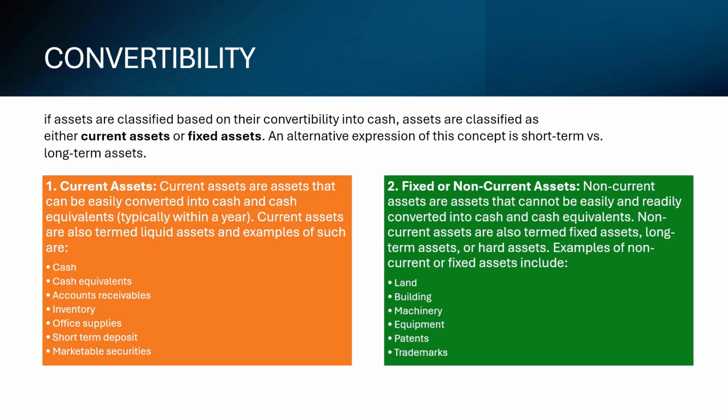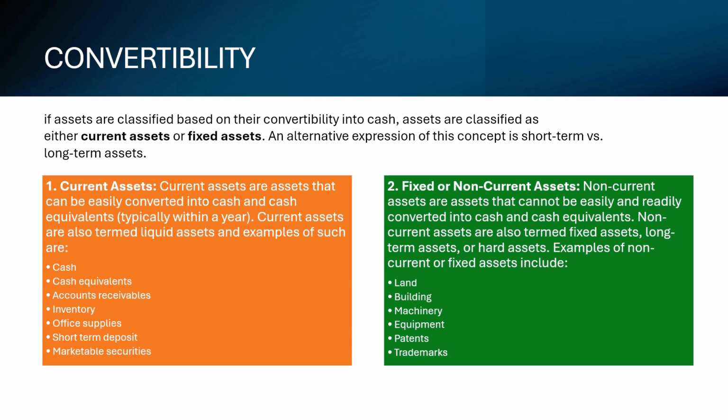Current assets are also termed liquid assets, examples including cash, cash equivalents, accounts receivable, inventory, office supplies, short-term deposits, and marketable securities. On the other hand, fixed or non-current assets are assets that cannot be easily and readily converted into cash and cash equivalents.